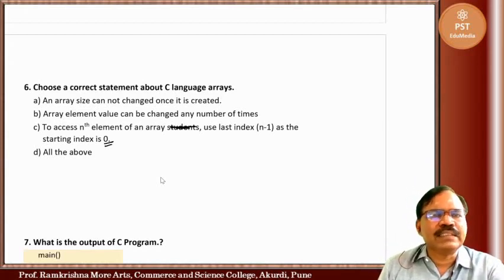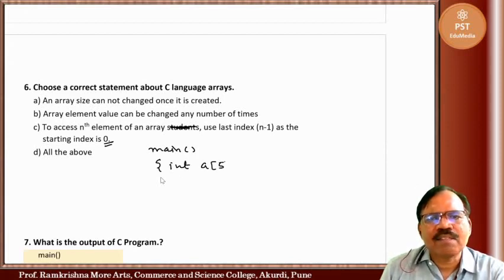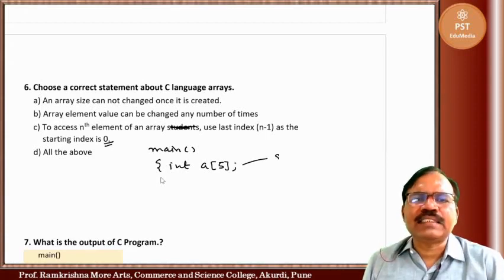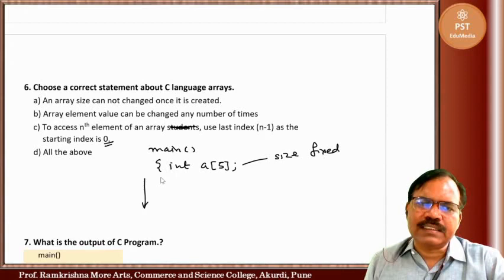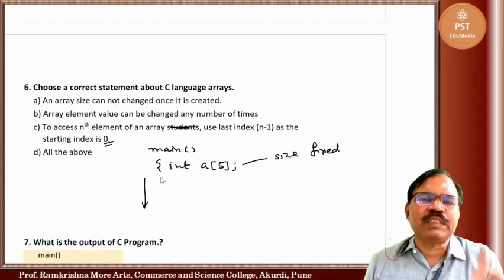Now what happens here? Suppose we have main, and if we write here int a[5]. Once it is declared, its size becomes fixed. In the later program you cannot change its size. It will always remain a[5], meaning 5 elements.